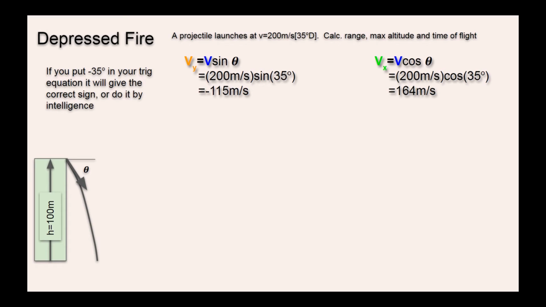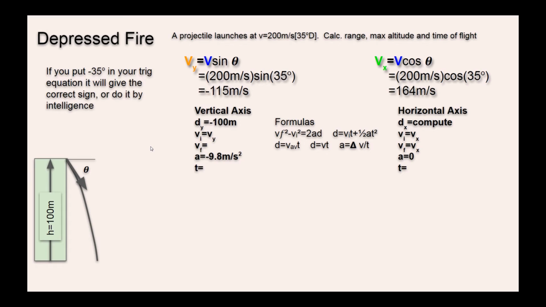Something you must put in by yourself is that the vertical speed is a negative 115 meters a second. The only way the sine function would give you the negative is if you put minus 35, like a math teacher would ask you to do for an angle below the x-axis. I think you can use your intelligence from the diagram to go, this has got to be a negative speed.